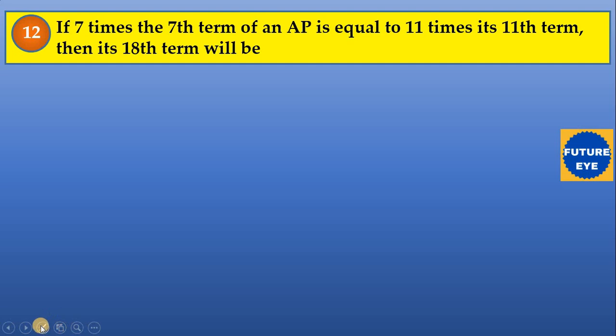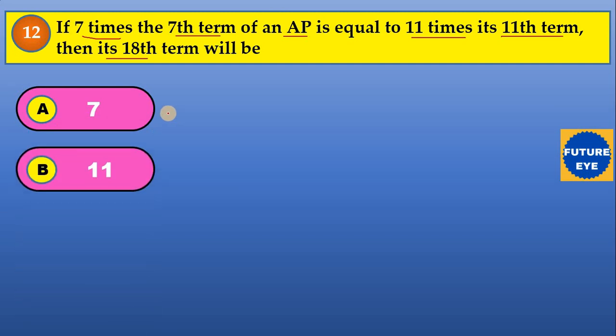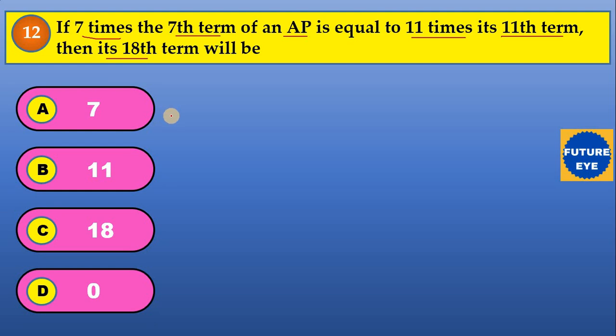Question number 12. If 7 times the 7th term of an AP is equal to 11 times its 11th term, then its 18th term will be. Given options are 7, 11, 18, 0.